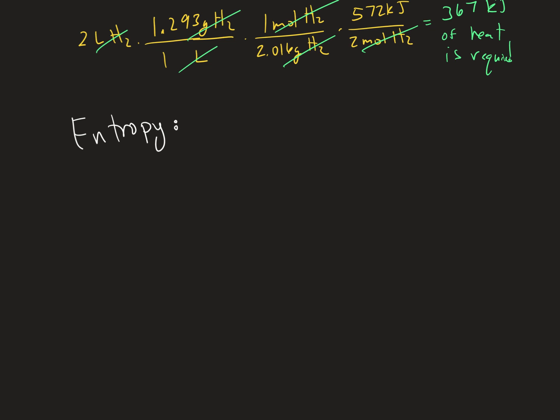Entropy is the measure of disorder in a system, in a physical or chemical system, either one.